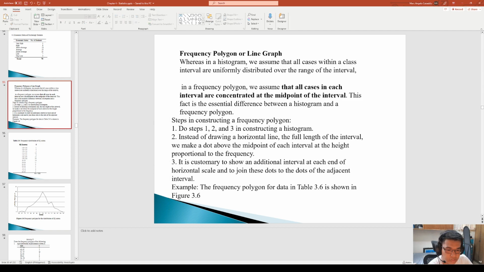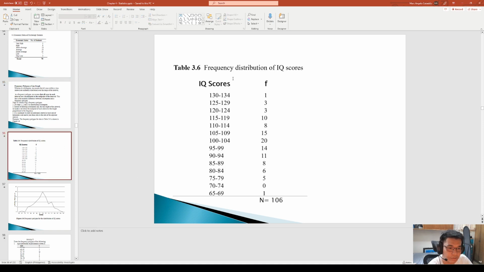Okay, so instead of a horizontal line to create a bar, you need to put dots to create a line. Okay, let's have an example. We have a frequency distribution of IQ scores. The same is true with the histogram. So same interval data. So what is the graph of this?